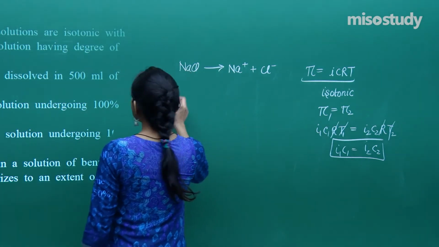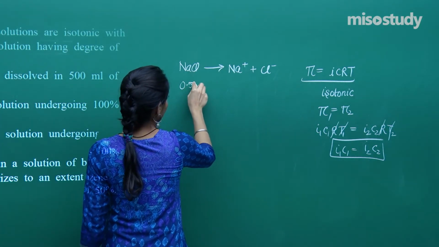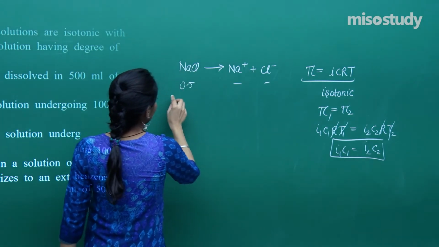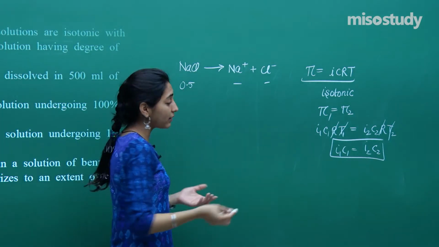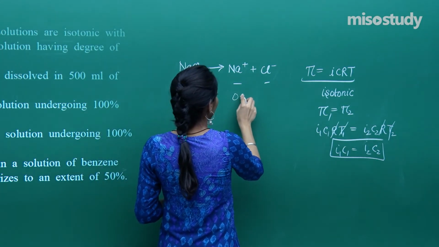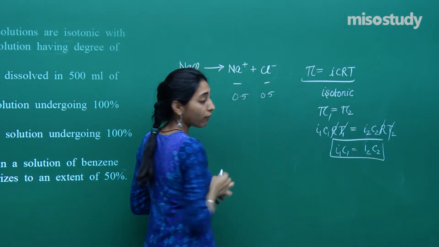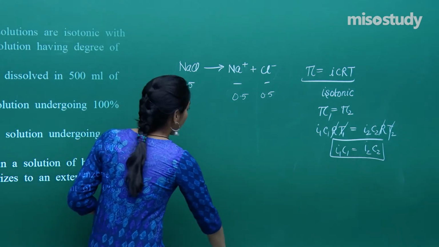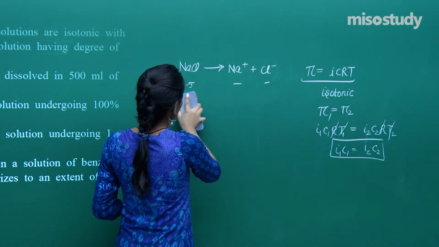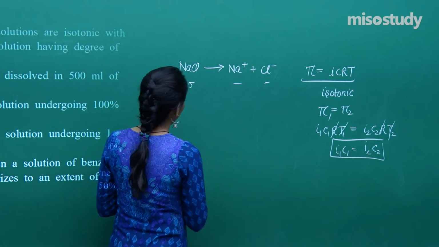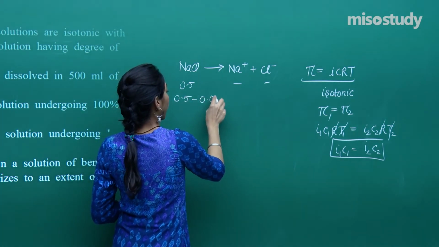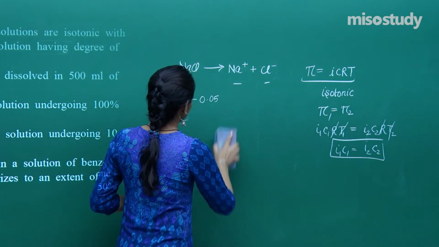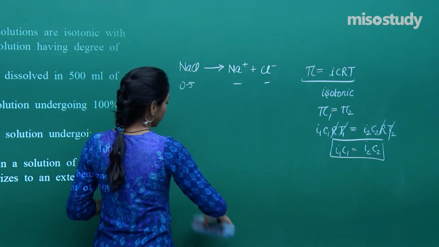So NaCl is 0.5, and the products are initially nothing. If this gets dissociated 100%, this will be 0, this will be 0.5 and this will be 0.5. Let's do the calculation by taking into consideration alpha, the degree of dissociation.